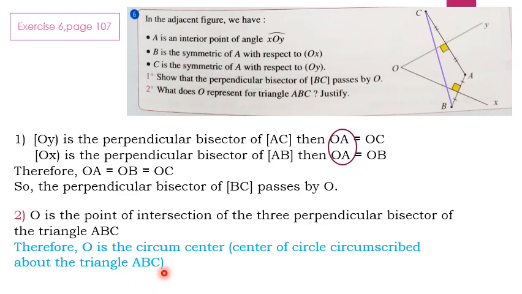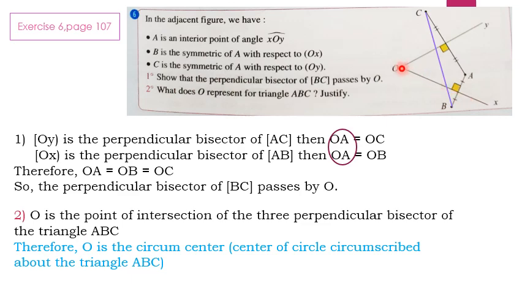Here, let's see it on the figure. I'm talking about triangle A, B, C. This triangle. We have OY is the perpendicular bisector of AC, and OX is the perpendicular bisector of AB.